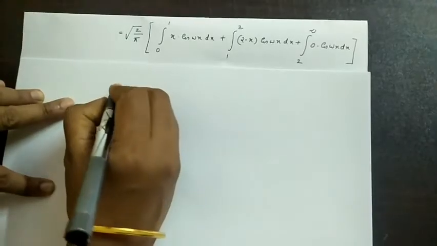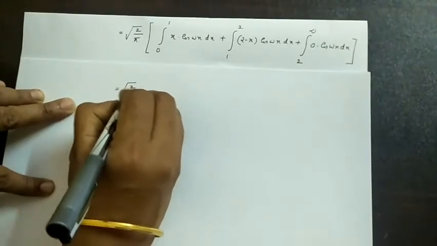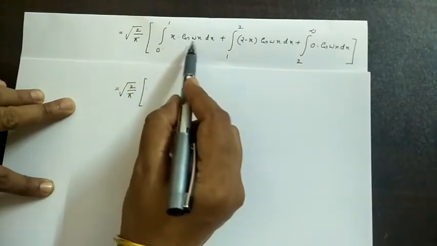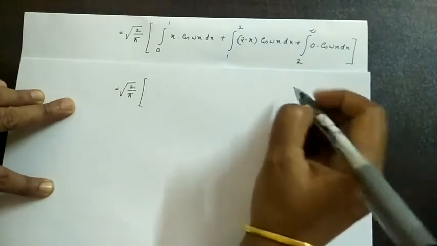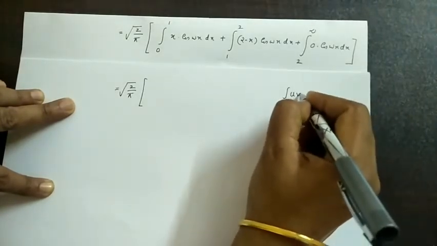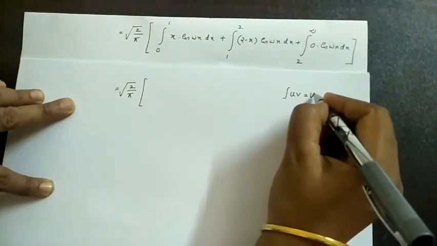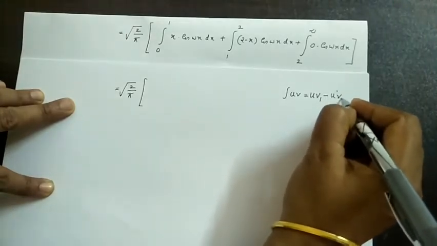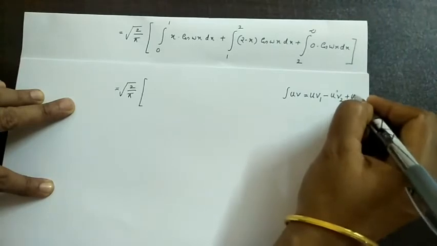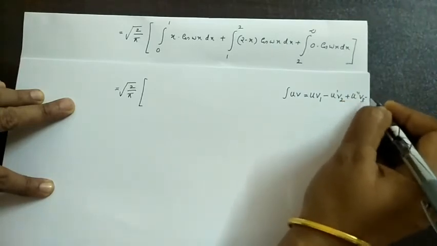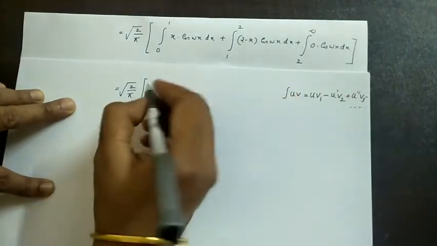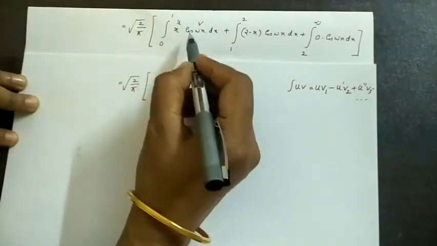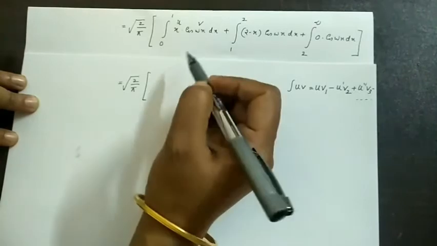Is equal to root 2 by pi into integral from 0 to 1 x cos omega x dx, which can be integrated using the formula integral uv: first function into integral of second, minus derivative of first into integral of integral of second, plus derivative into integral, minus, etc. Therefore here we will take x as u and cos omega x as v.